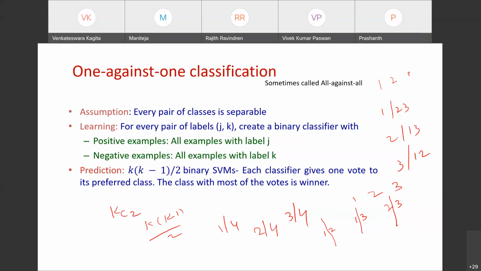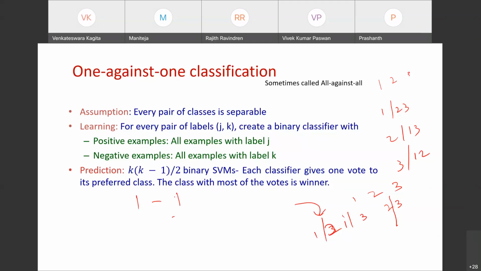For example, suppose I learn 1 versus 2, 1 versus 3, 2 versus 3. Given a new instance, I give it to the first classifier. Let's say it is classifying it as 1. So class 1 has got one vote. Initially all votes are 0. Then I give it to the next classifier.